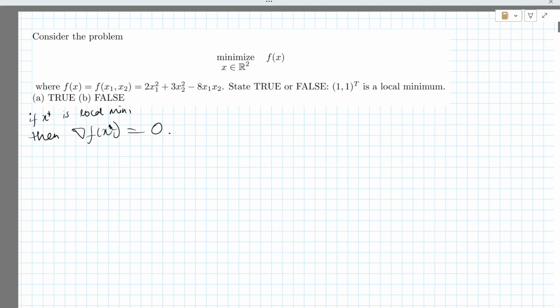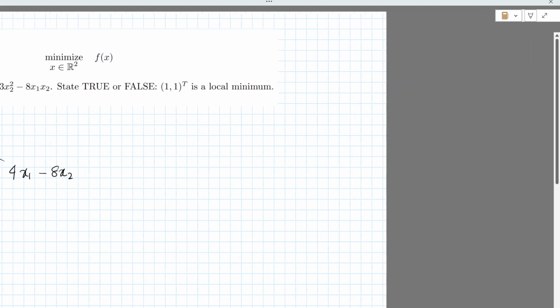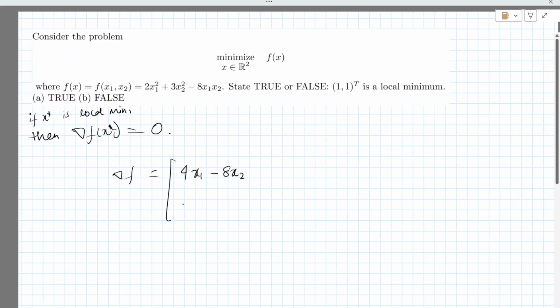So what is the gradient? The gradient is 2x1 minus 8x2, and 4x1 minus 8x2 plus 6x2 minus 8x1.